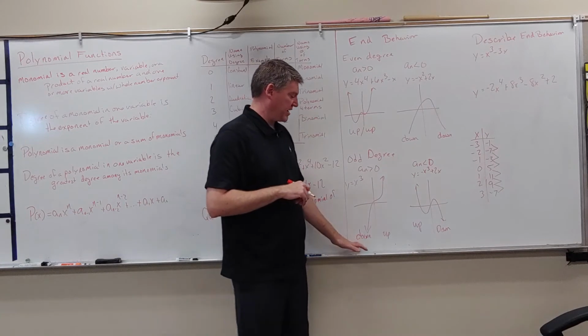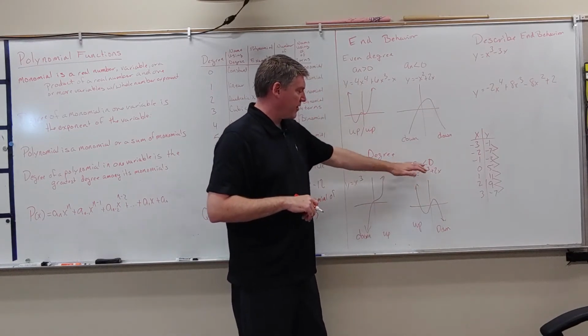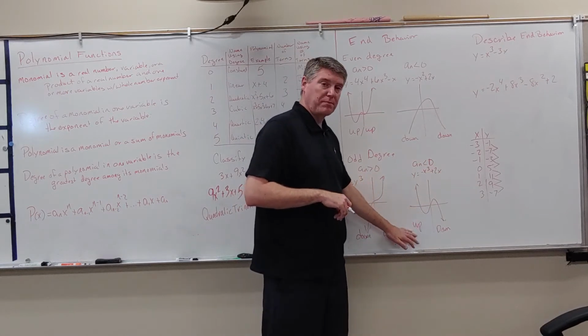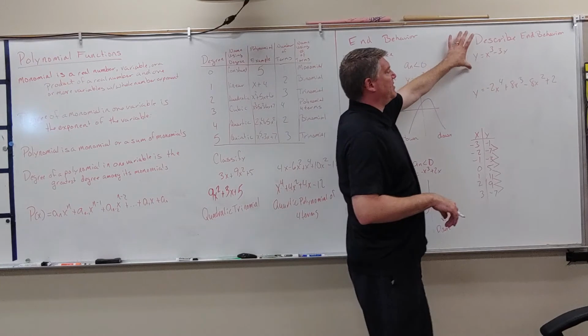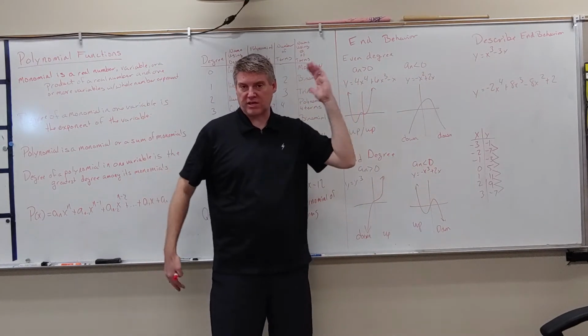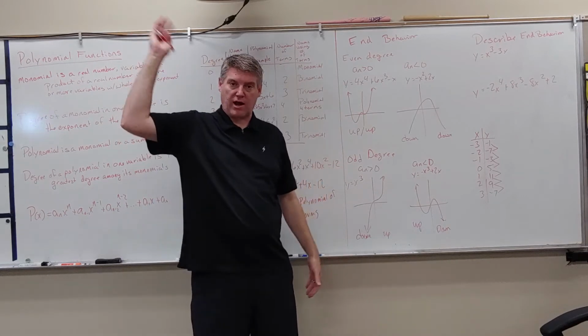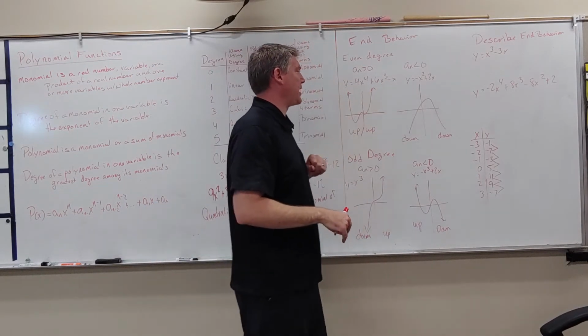Okay, so I would have down and up. If I'm negative, or a sub n is less than 0, I'm up, then down. So we want to describe this end behavior. Odd powers always go in opposite directions, okay? I'm either up and down, or down and up, depending on my a sub n, okay?